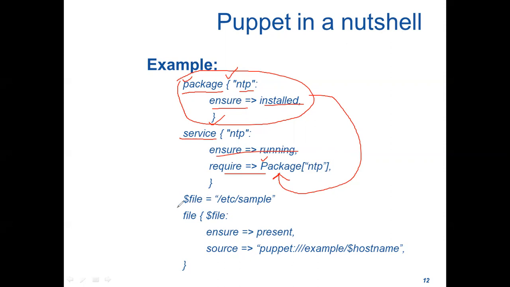And in Puppet we can also create variables. This is prefixed with a dollar symbol, a variable. We can assign a value to it. Now this is a resource, and this we can also use as a variable. But when you call a variable, you use this symbol. So file, make sure it is present.